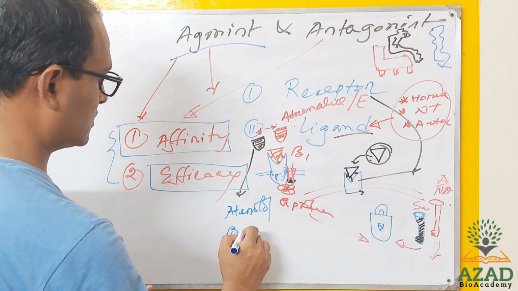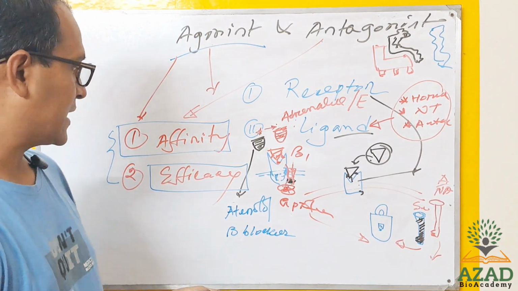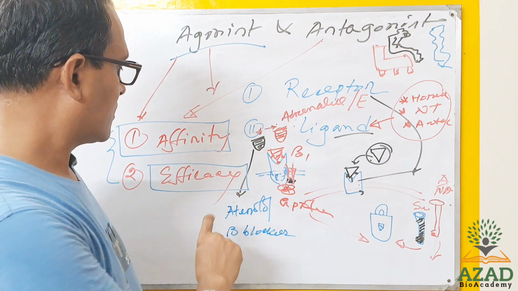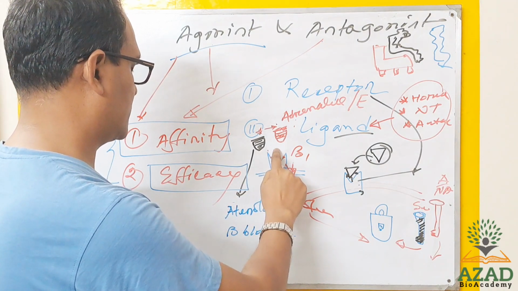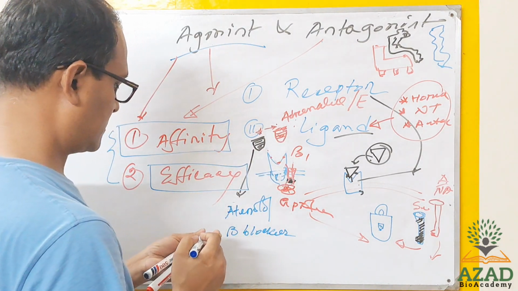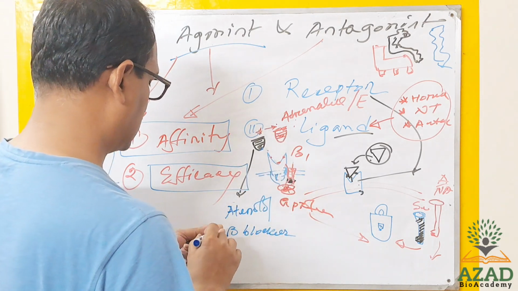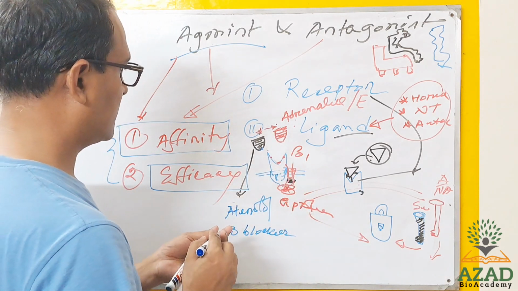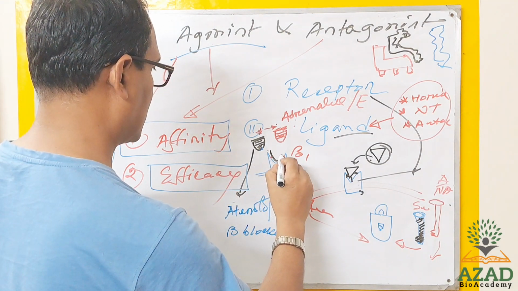You know this is a beta blocker, a selective beta blocker. That beta blocker's structure is like the agonist, although inwardly somewhat different. So here it will bind like that.